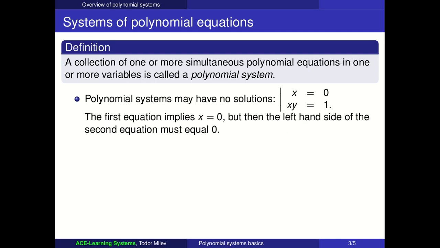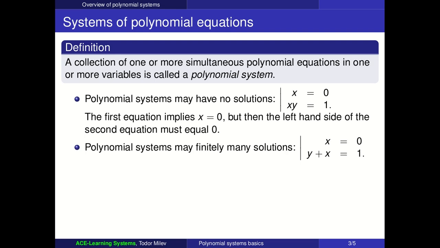Now the first equation clearly implies that x is equal to 0, but then the left-hand side of the second equation is 0 times y, and 0 times y is always equal to 0. So no matter what we choose for y, we can never satisfy the second equation. So the second equation will never be solved. So that polynomial system would fail to have any solutions.